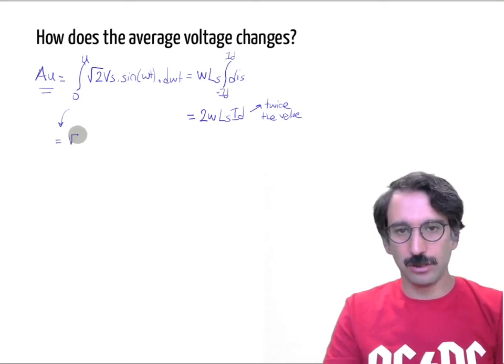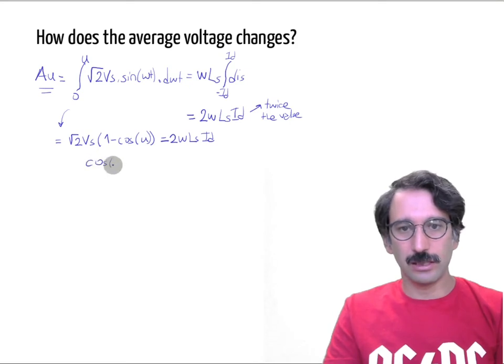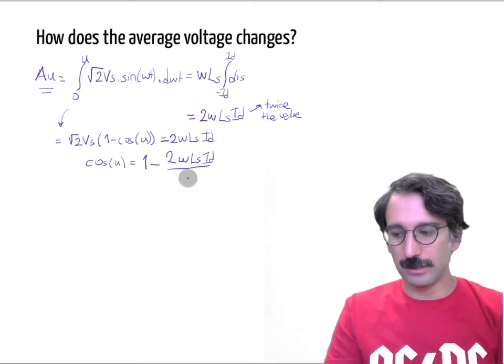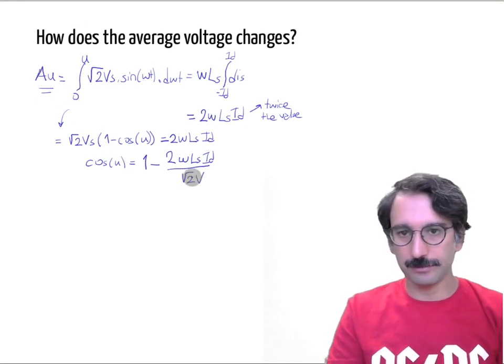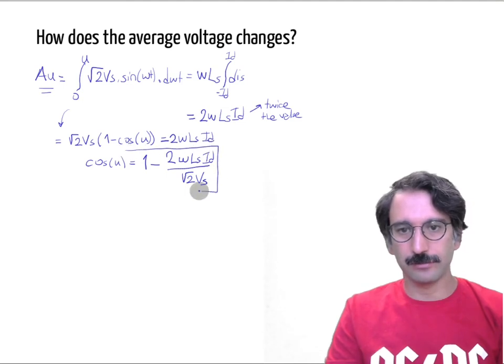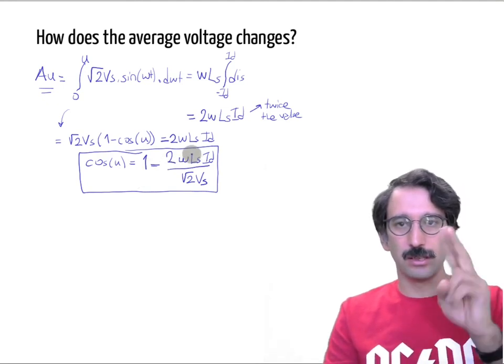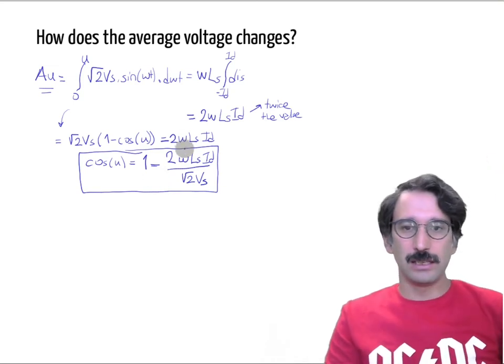So square root 2 Vs times 1 minus cosine u is equal to 2 omega Ls ID, and you can write cosine u as 1 minus 2 omega Ls ID divided by square root 2 Vs. So now the commutation period, because we are going from minus ID to ID, actually gets longer even if you have the same things as the previous ones.